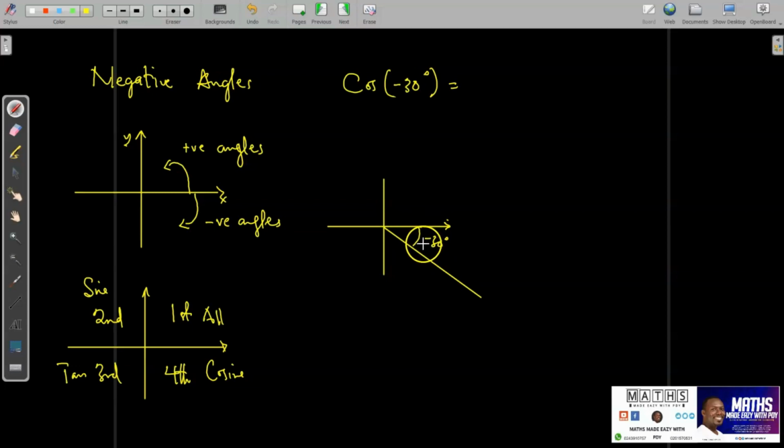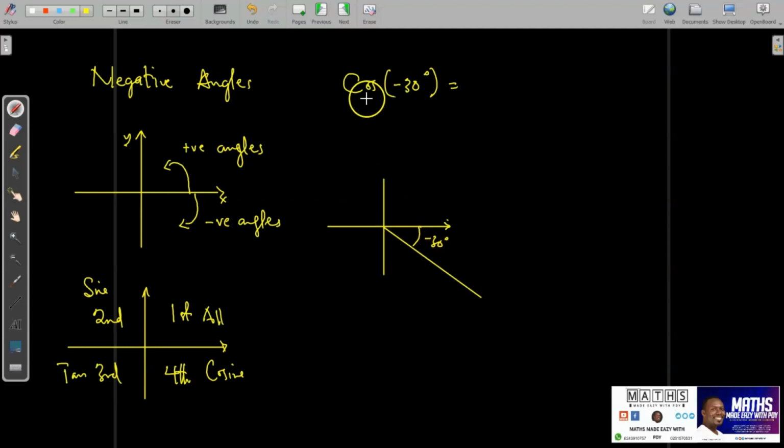So for cos of negative 30 degrees, since the angle finds itself in the fourth quadrant, what is the behavior of cos in the fourth quadrant? Cos is positive.